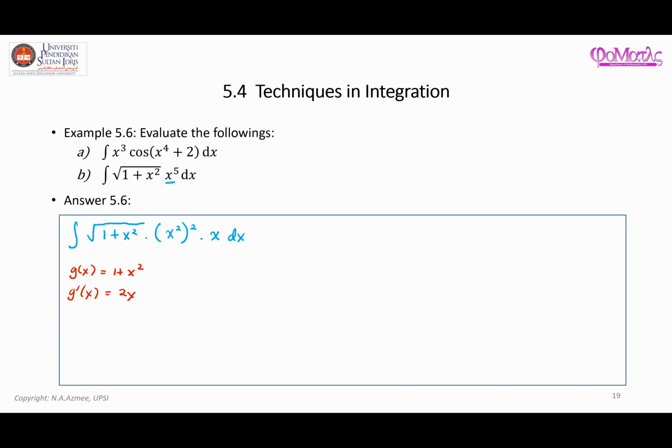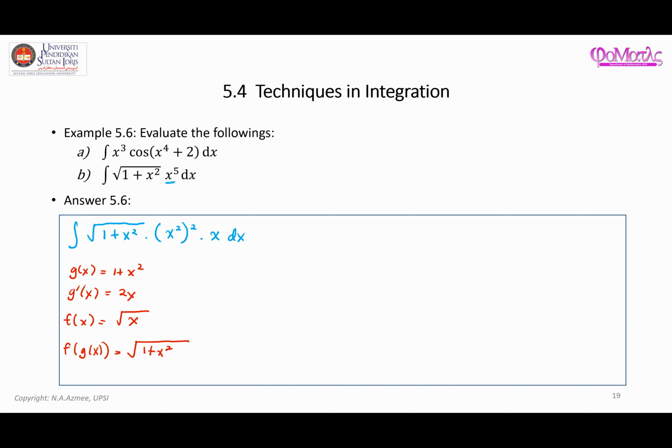Next we have something that looks like that. Here we have x dx here. So now I hope you can see that my f(x) is just this simple function, square root of x. So if I have f composed with g of x, that would be square root of, you substitute g(x) into x, so you will get 1 plus x squared.